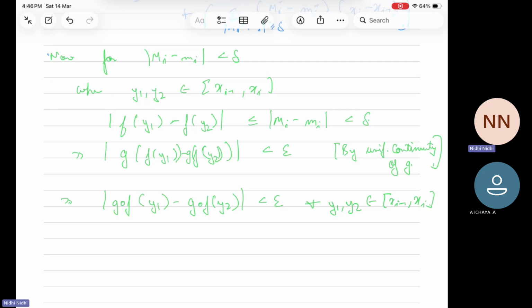That means our capital Mi star minus small mi star will be less than or equal to epsilon.